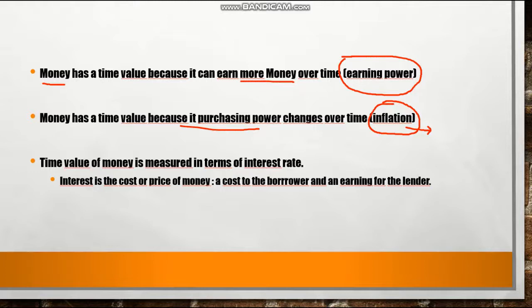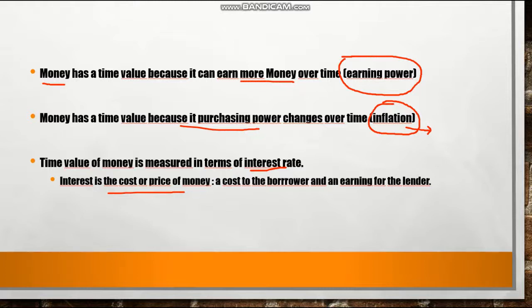And how are we going to measure this time value? We are going to look at the interest rate. The interest rate is the cost or price of money. Like right now, with the inflation rate, or when you go to the bank and borrow money, they charge, I think, monthly around 1.5 to 1.6%.